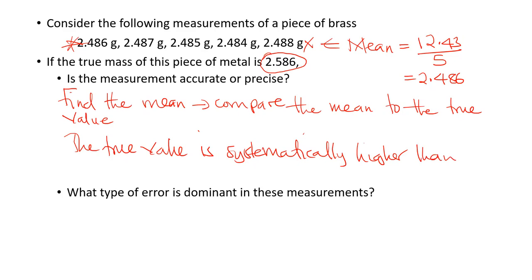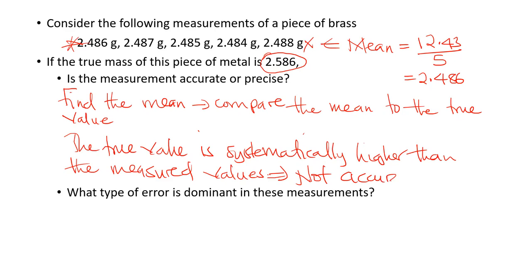As a result, this measurement is not accurate because it is different from the true value. It is different from this given value. This mean here is different from the given value.